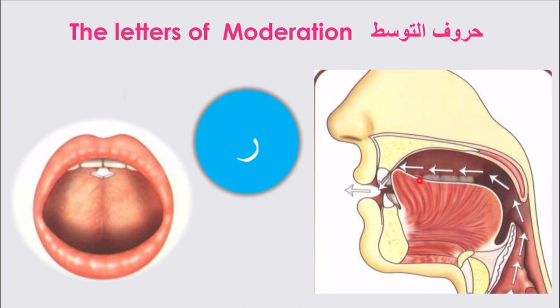Arr, arr, arr. You'll find it so easy. So part of the sound is kept inside behind the tongue as well, and the other half is escaping through the opening found on top of the tongue. So this is a tawassut on ra.